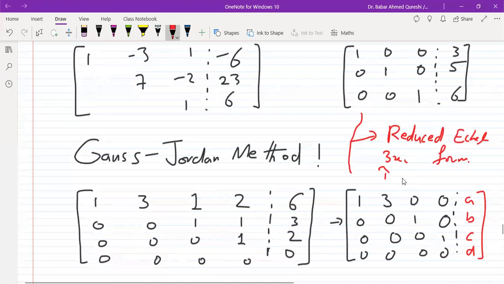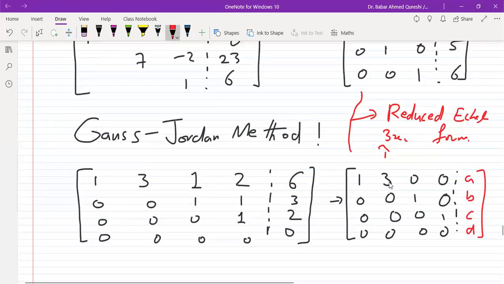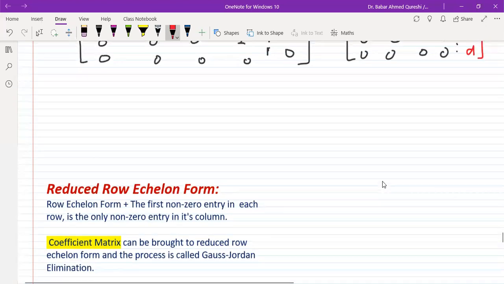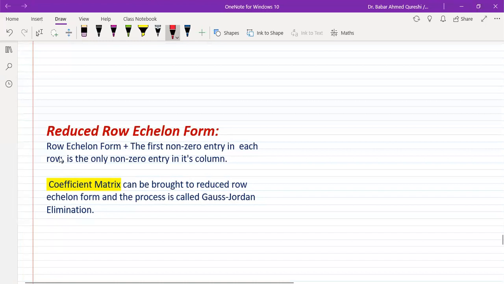But I can't do it to the second number. That's okay. So the definition becomes: your matrix is in reduced row echelon form if the first non-zero entry in each row is the only non-zero entry in its column. Above it and below it, you make everything 0 using this.